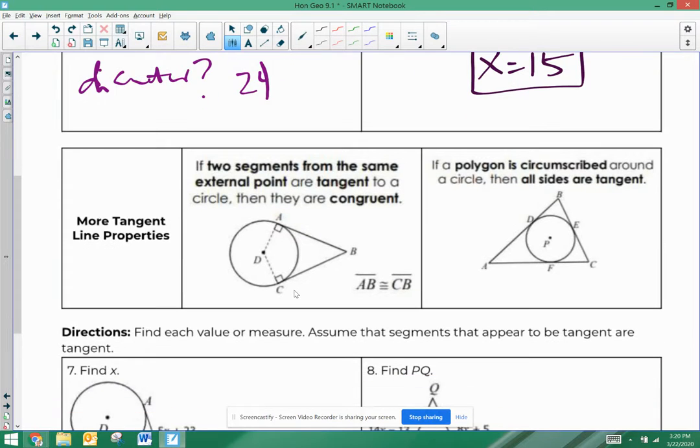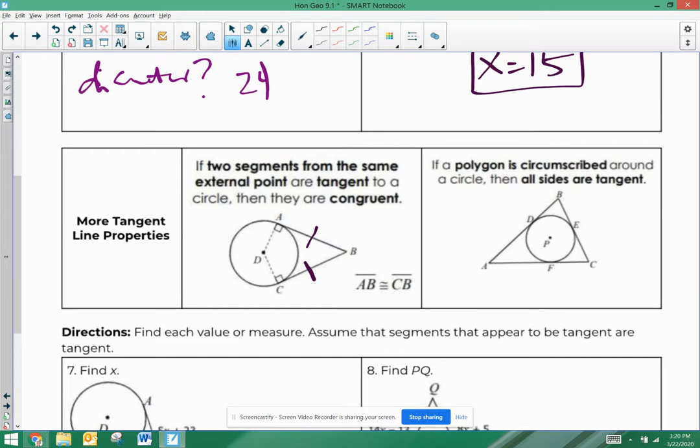Okay, so there's more tangent line properties that'll help us solve some more problems. In fancy math language, if two segments from the same external point B are tangent to a circle, then they are congruent.